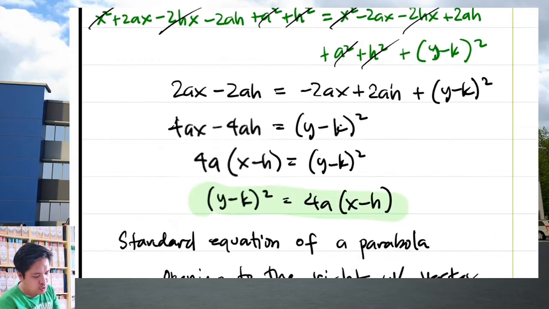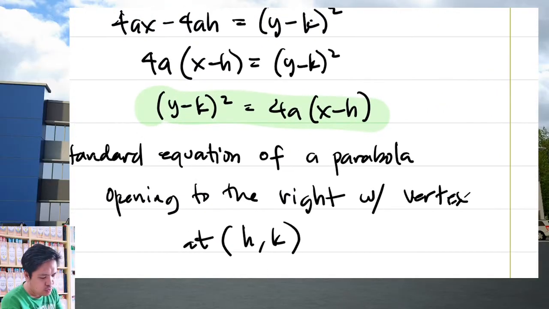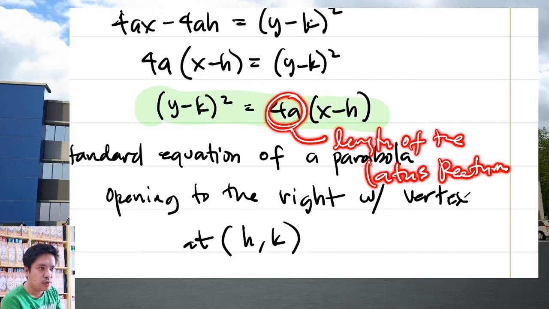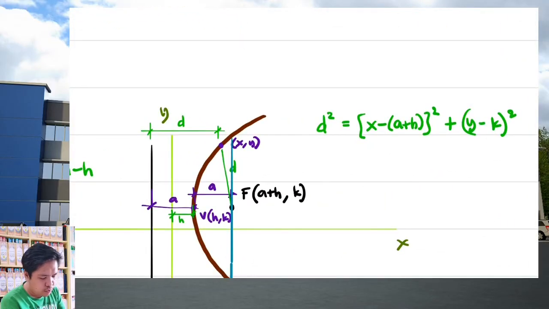Hence, our formulas are just equal to this. This is just the length of the latus rectum, the 4a. So to get the ends of the latus rectum from the focus, you just move upward by 2a or downward by 2a to get the other end.